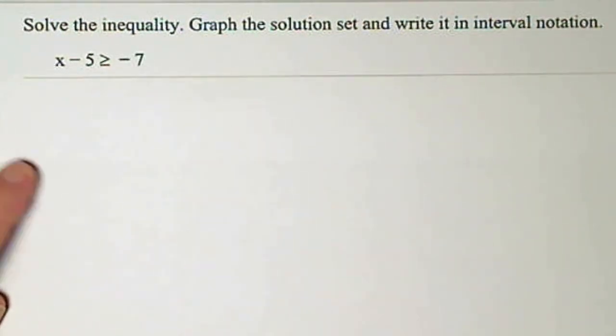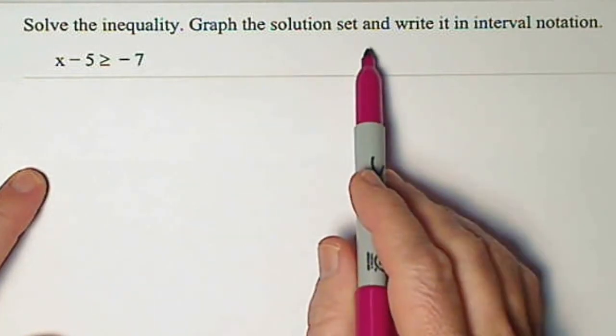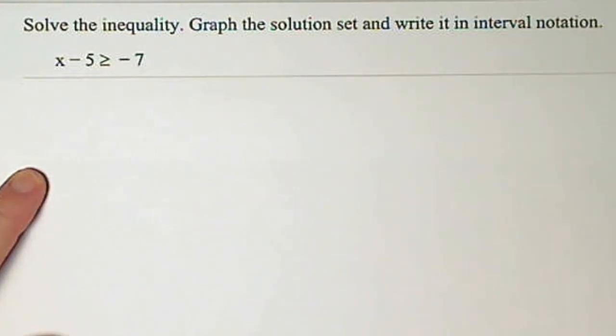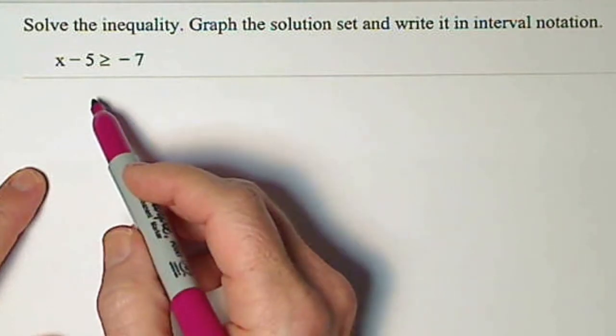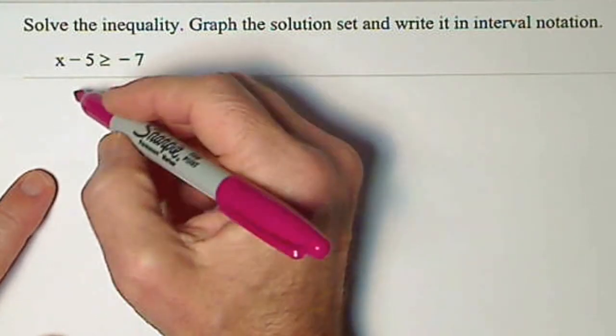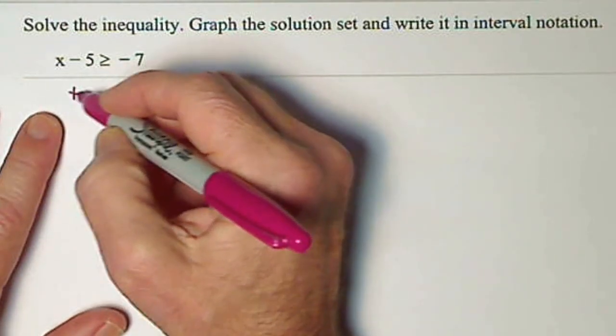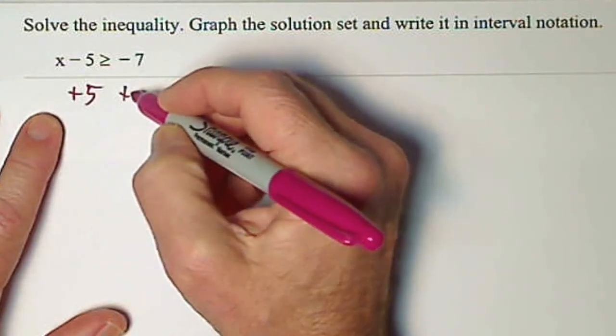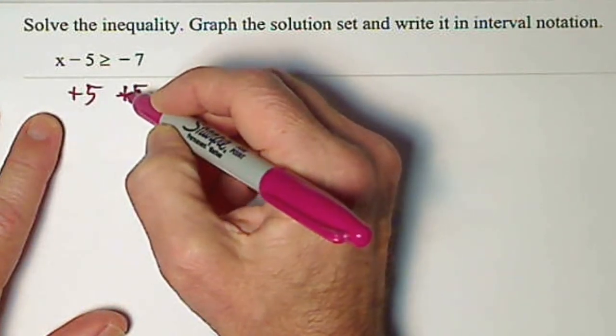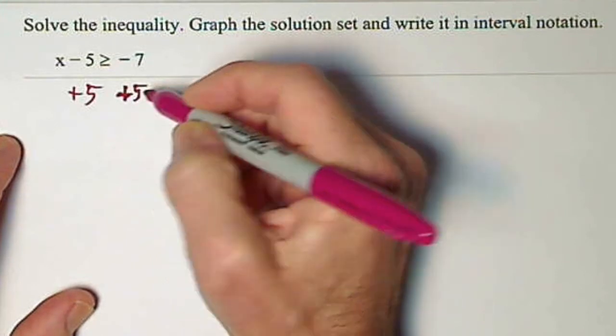Again, we're to solve the inequality, then graph the solution set, and then write it in interval notation. First, to solve it, I want to get rid of the 5. I'll add 5 to each side. Doesn't look like much of a plus sign, but it is.